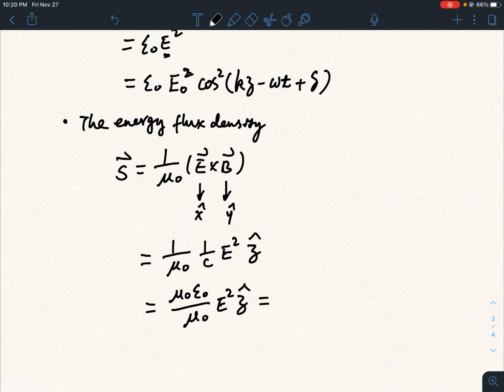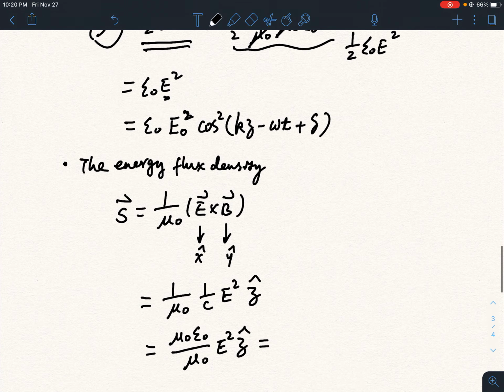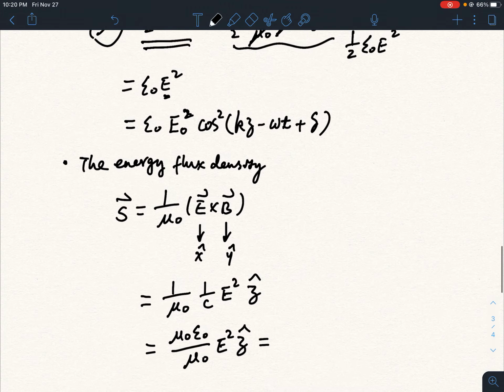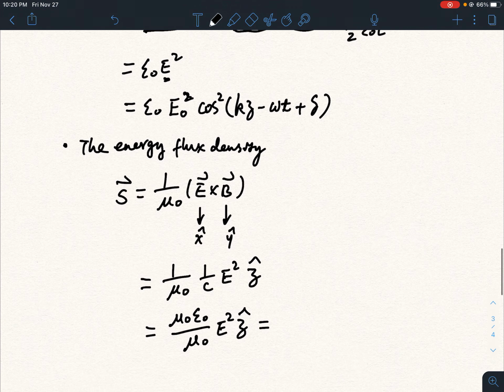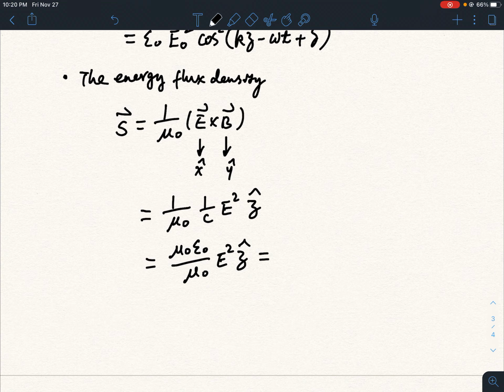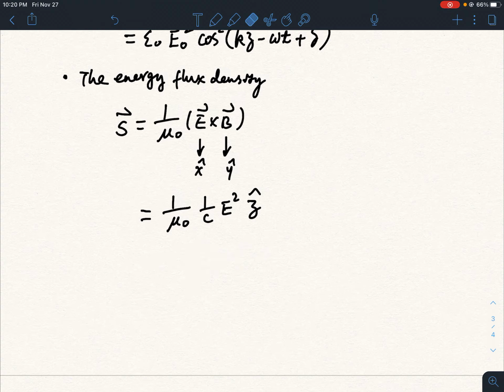I see some mistakes here, so I should write it down this way.